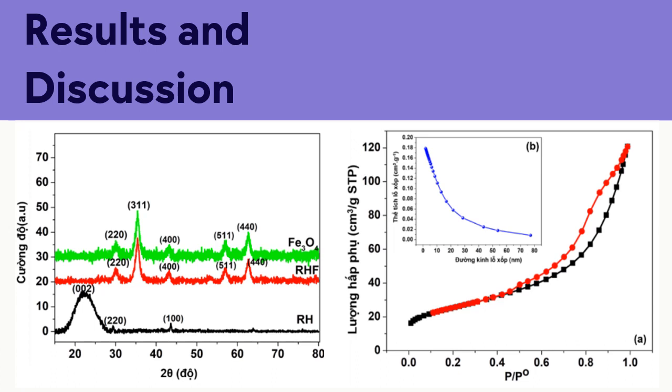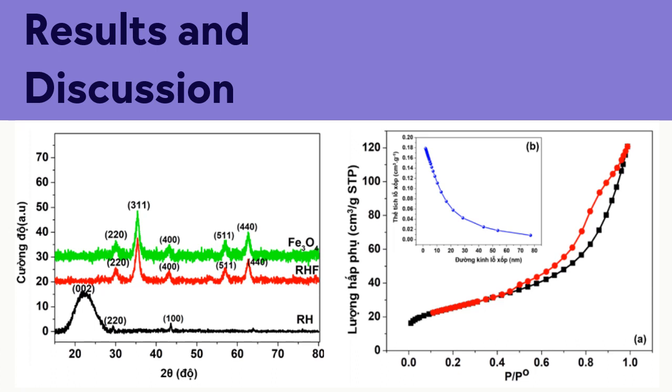The nitrogen adsorption-desorption isotherm and the pore size distribution of the material. The results indicate that nitrogen adsorption occurs strongly from the beginning due to the presence of small pores in the material. According to IUPAC, the isotherm of the material falls under type 4, characterized by the hysteresis loop of adsorption.